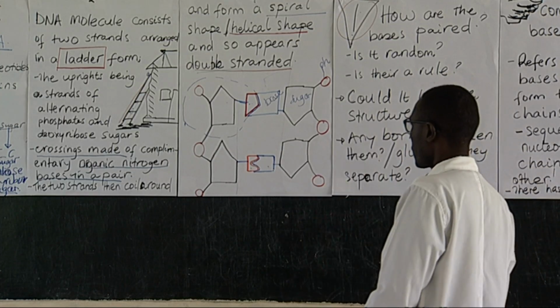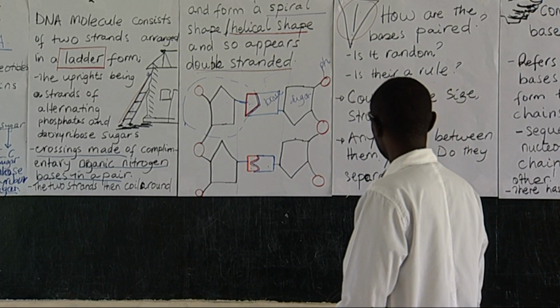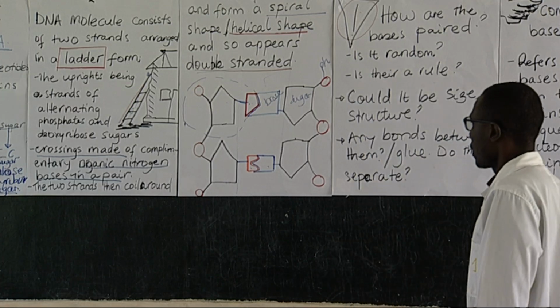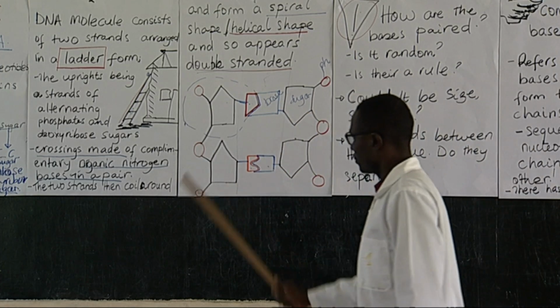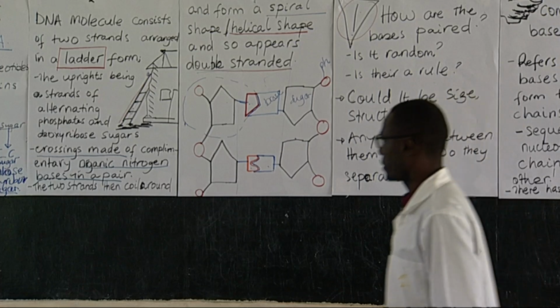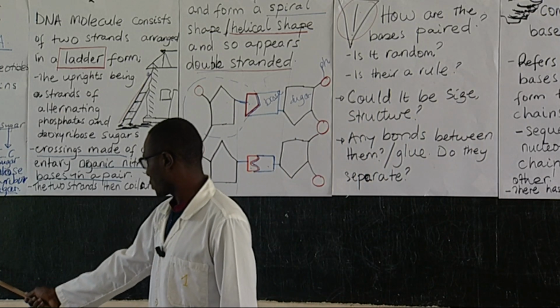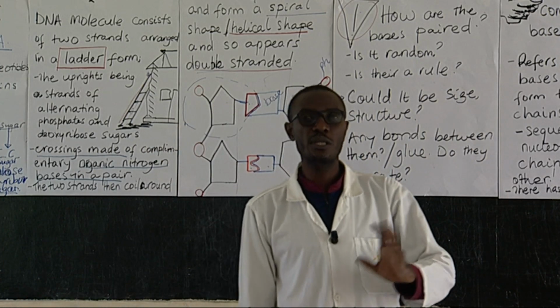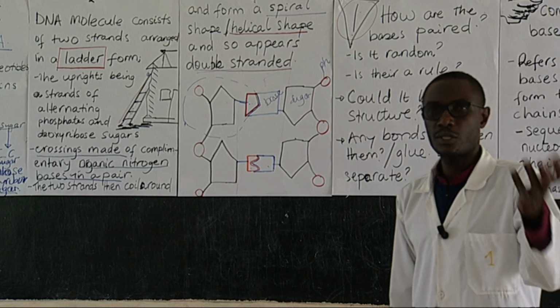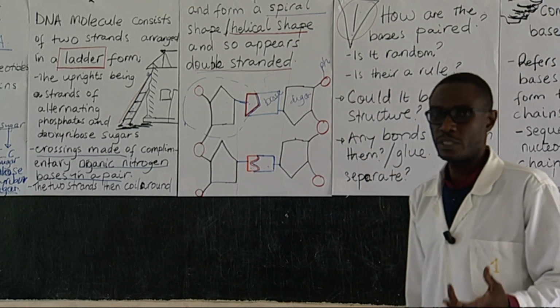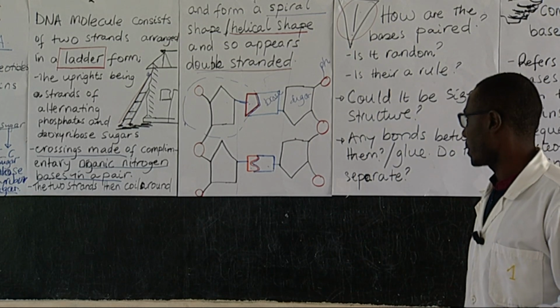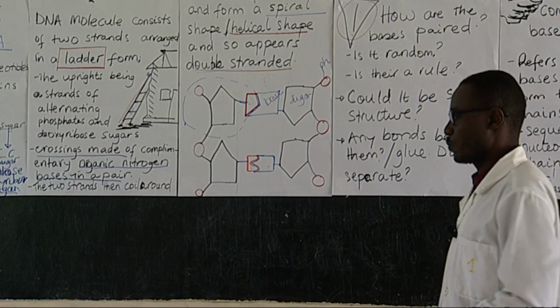Now, so here we come. For these bases to come together, we look at how the process of pairing occurs, and so we use the words base pair complementation or complementary base pairing. But what is behind this pairing?